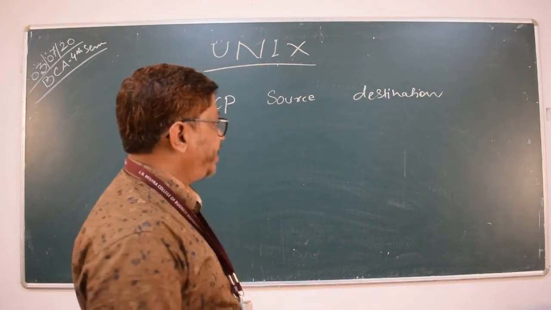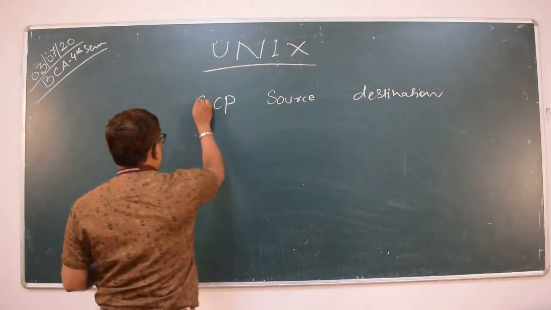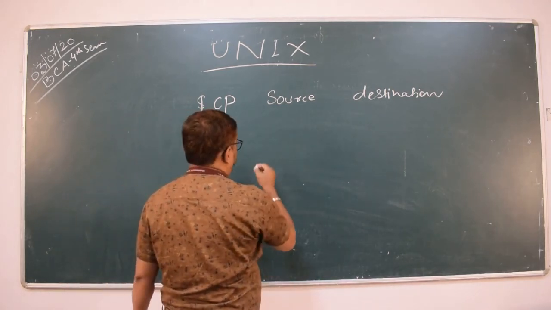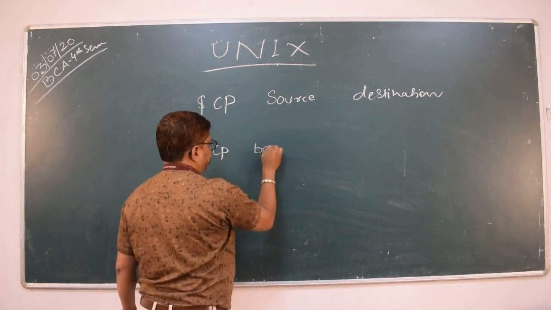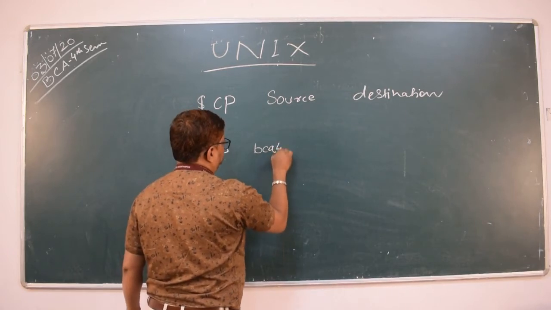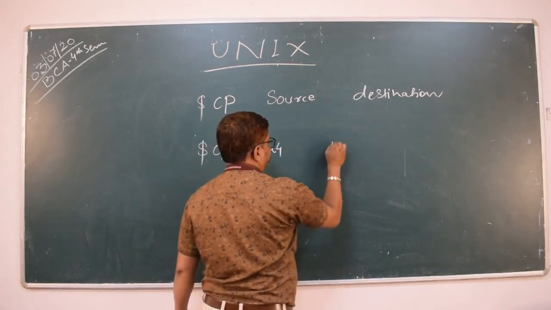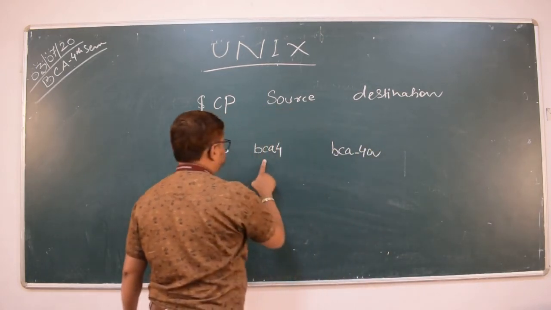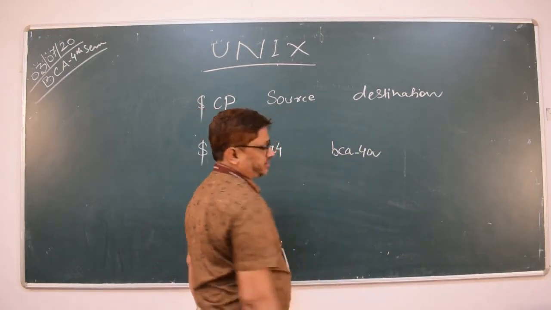At the dollar prompt, type dollar cp. The file name is BCA4 to copy to BCA4A. This one is the source, this one is the destination.